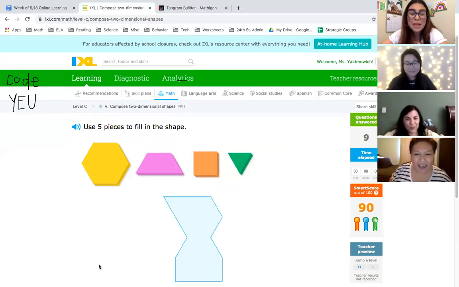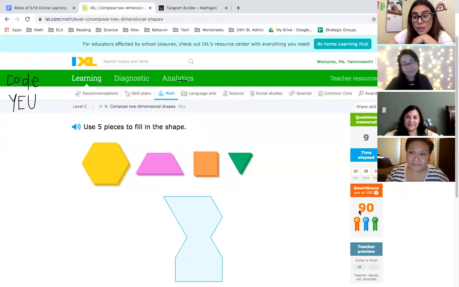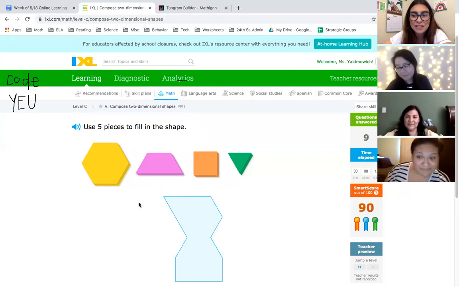We were just going to get into the challenge zone. Because we got a SMART score of 90. So if you get a SMART score of 90, you will be in the challenge zone too, and you can challenge yourself to reach that SMART score of 100. Have fun. Remember, we're going to create an assignment that has the Tangram builder, so you can do that assignment on Seesaw.